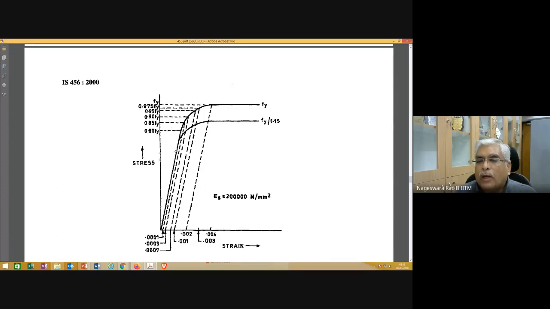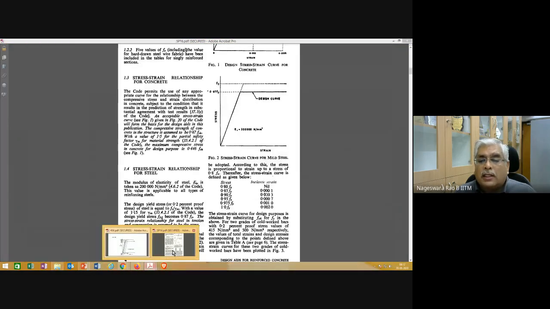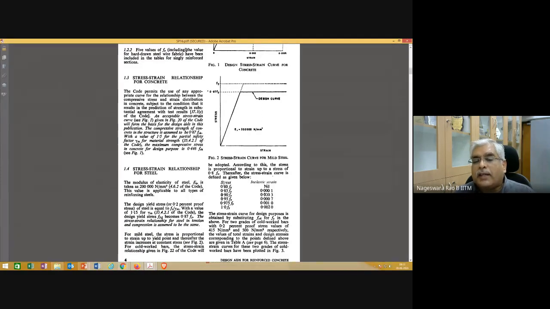And what is the exact value of these? These are all tabulated in your IS. Let me show you that. This is nothing but SP16. SP16 is giving you all those details. So the values which are shown on the figure are actually noted here.